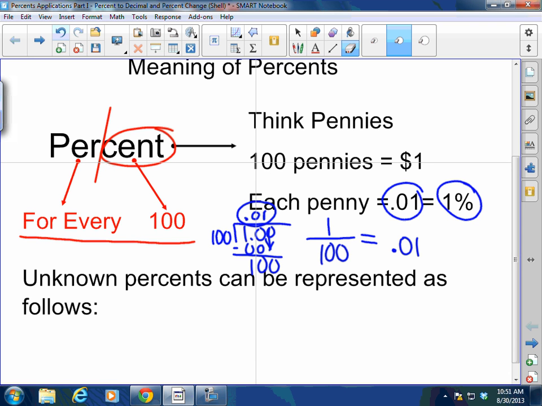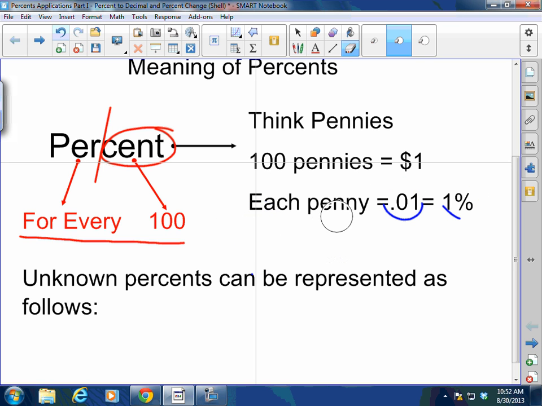Remember, there's 100 pennies in one whole dollar. There's 100 individual parts in one whole dollar. So each penny is 1/100th or 1%. I hope that helps you start to understand what percents are.